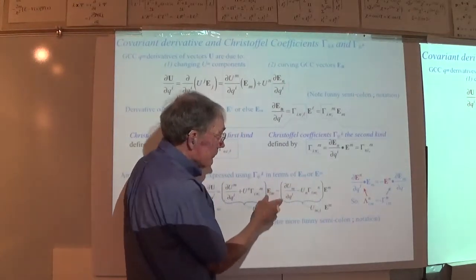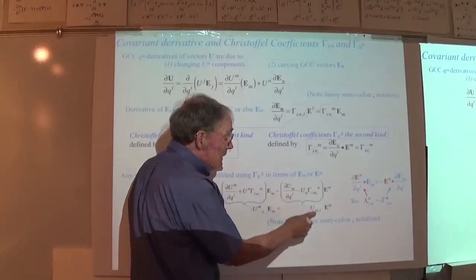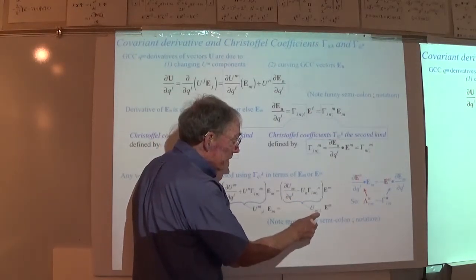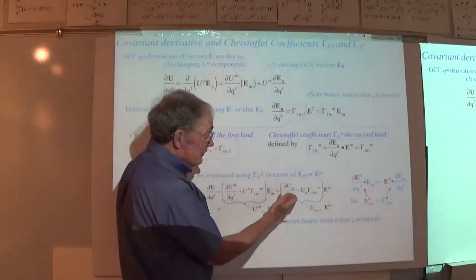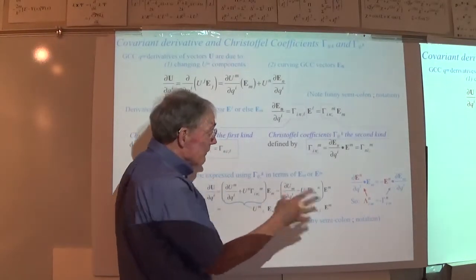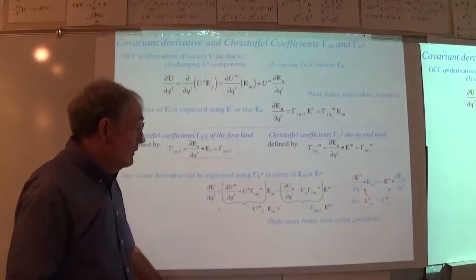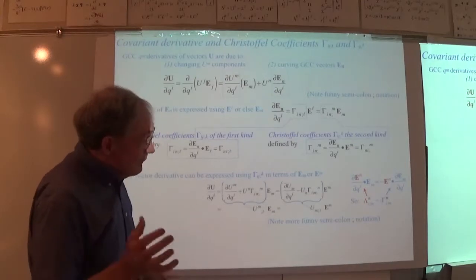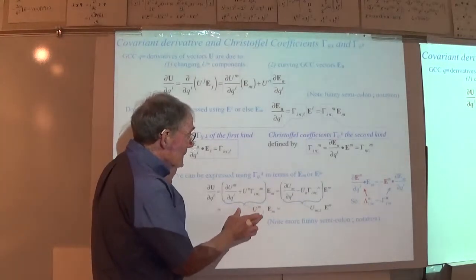If this was Jackson's electromagnetism, which is all orthonormal stuff, that would be the definition, but you just have a comma here. You wouldn't have the semicolon, which is allowing you to take account of all the things that will happen in a curved space, and in particular in general relativity, where everything is curved. And same thing over here, there's a semicolon right there.